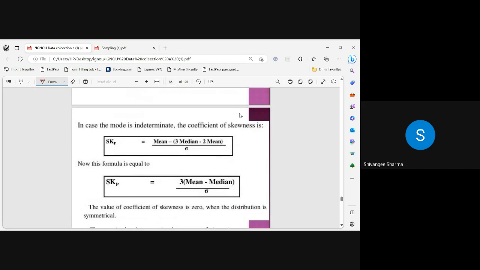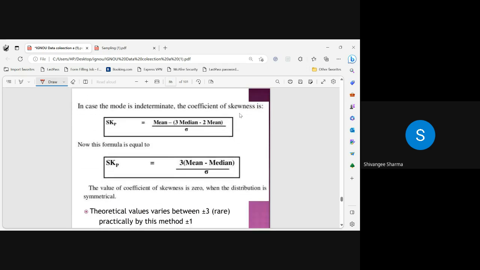Now, we can also write it in this manner: mode equals 3 median minus 2 mean. This was the empirical relationship which I told you between median, mean, and mode. The formula now becomes: thrice of median minus mean divided by standard deviation.